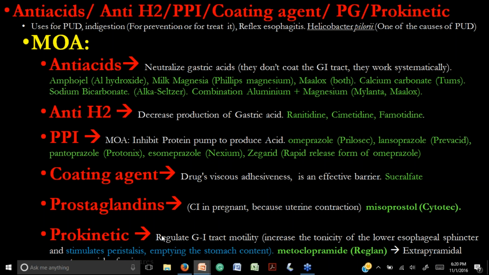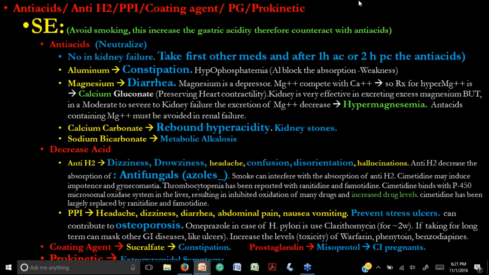So that's why that is going to help to reduce the acidity in the stomach. Okay, so one thing, please, open eyes, open ears. The prokinetics stimulate the peristalsis and empty the stomach content. Okay, all right, so let's keep going.